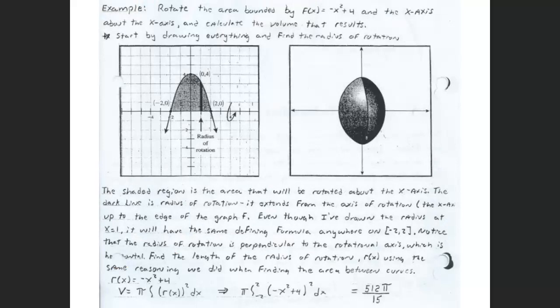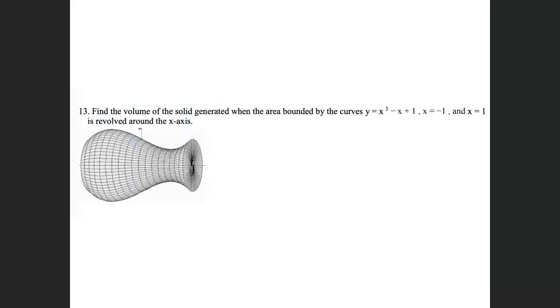All right, so let's try some problems. You can go through this problem if you want to, but let's try our own. Here's a problem. It says find the volume of a solid generated when the area bounded by the curves y is equal to x to the third minus x plus 1 and x equals... oh, this one's going to have a hole in it. No, I guess that's just here to here.